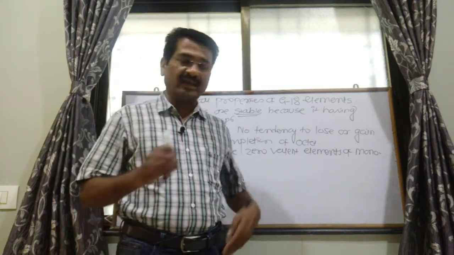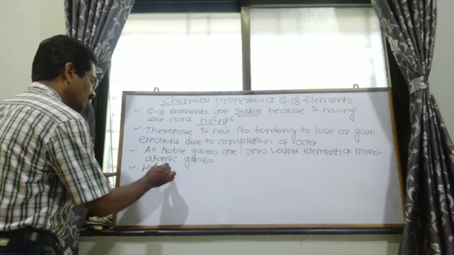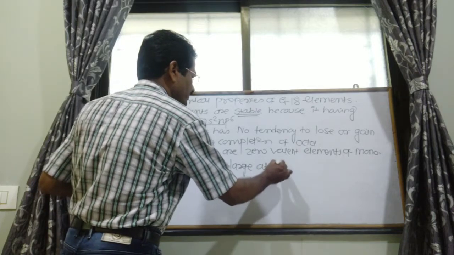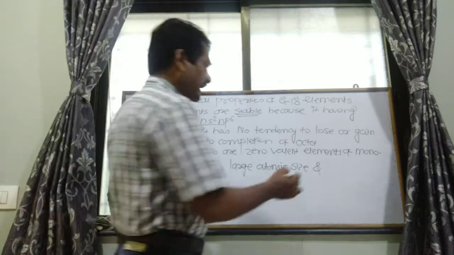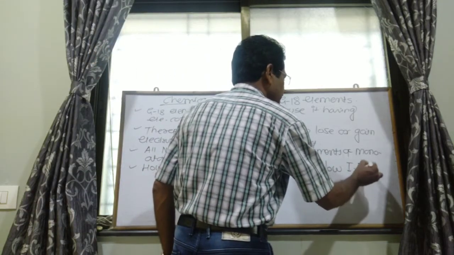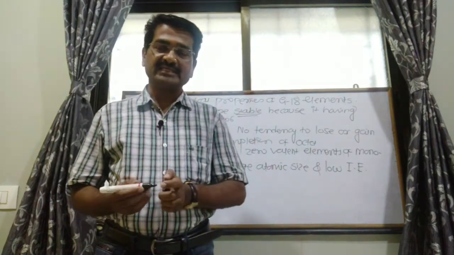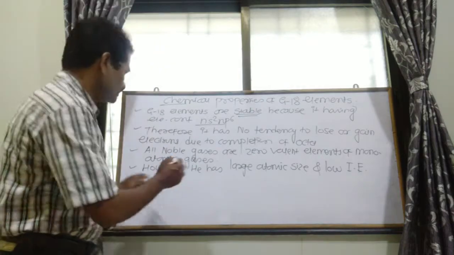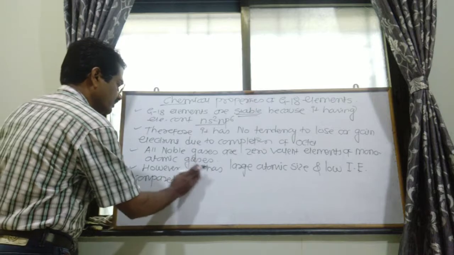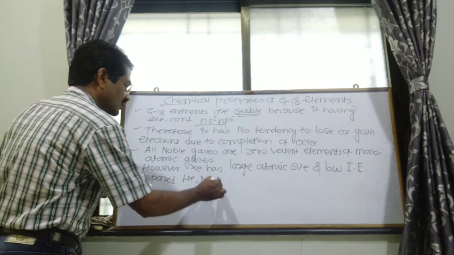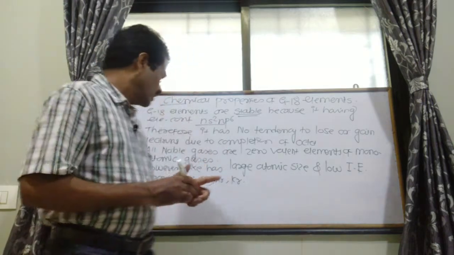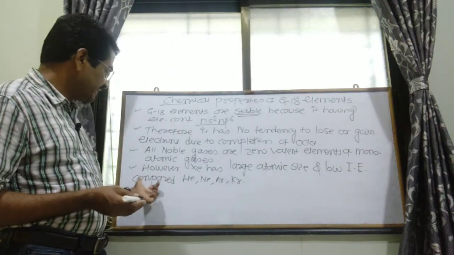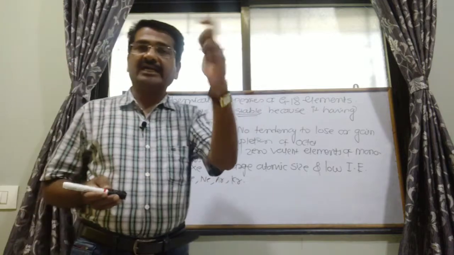However, in noble gases, xenon, not helium, has large atomic size and low ionization enthalpy compared to helium, neon, argon and krypton.